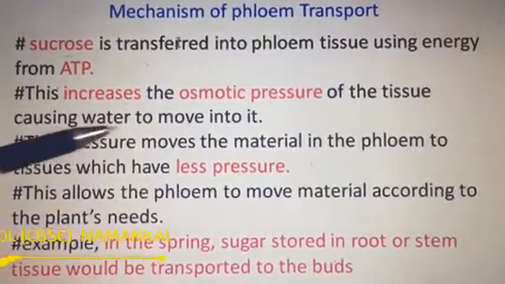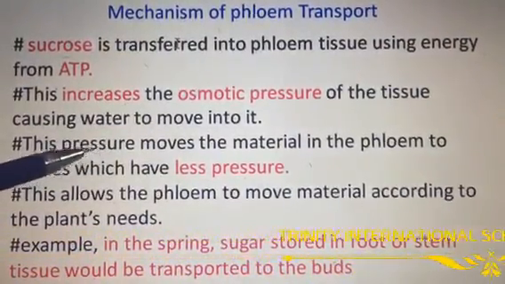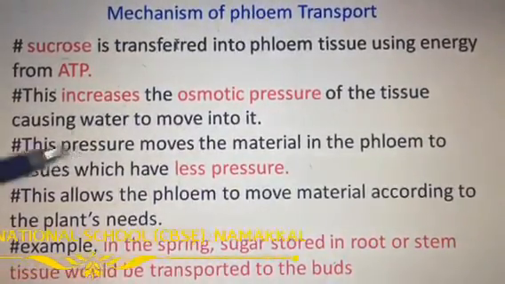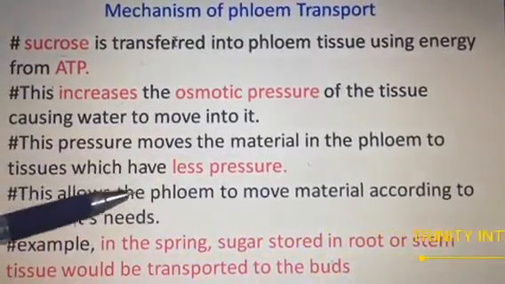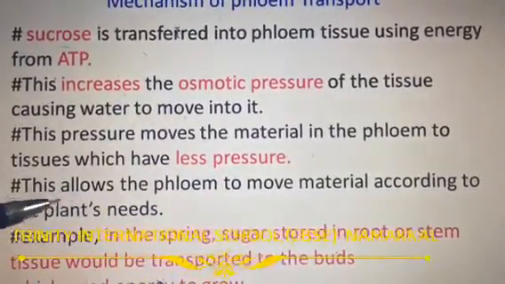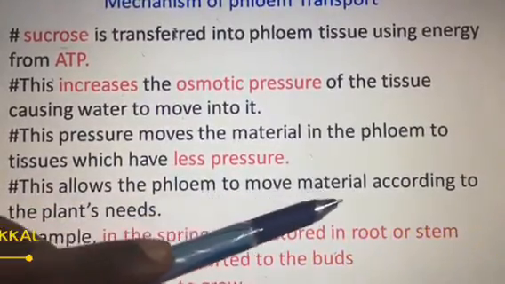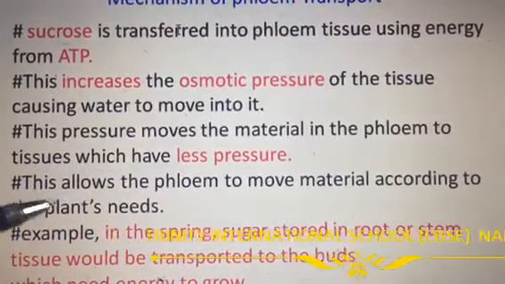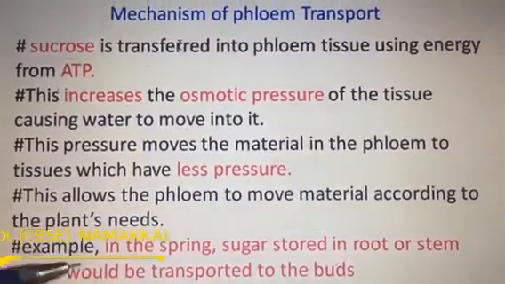When there is a high pressure, the food moves towards the low pressure. This allows the phloem to move material according to the plant's need.